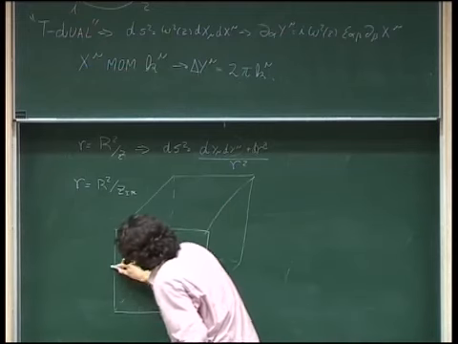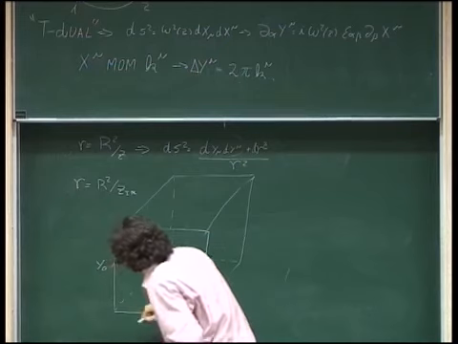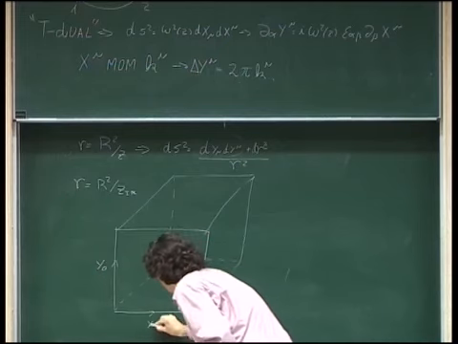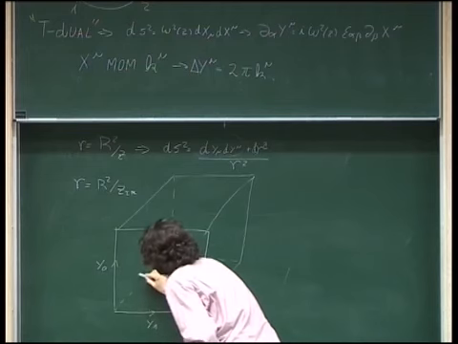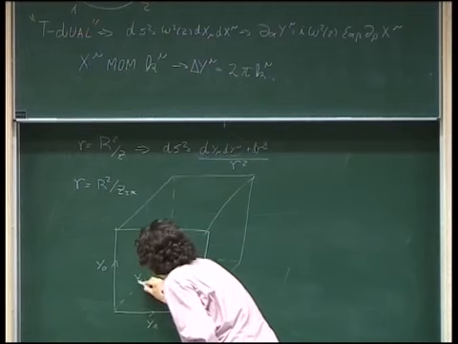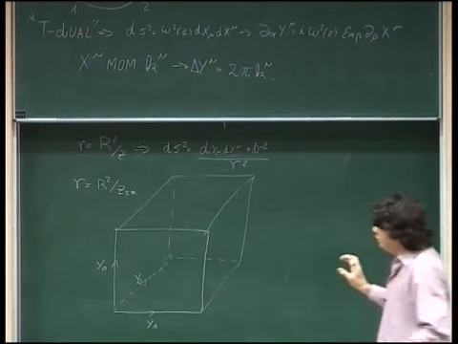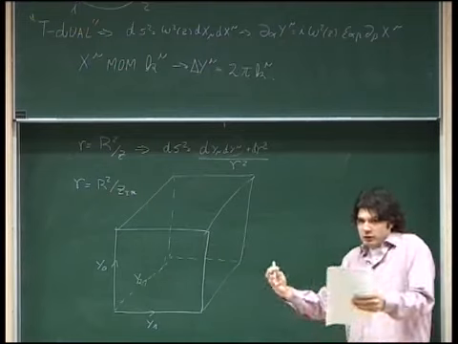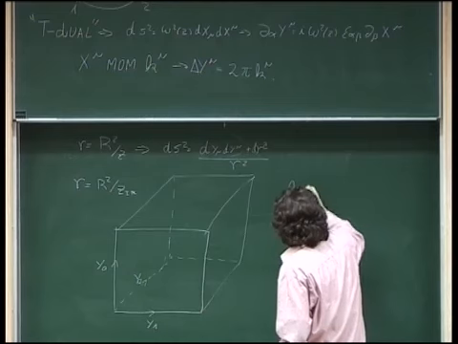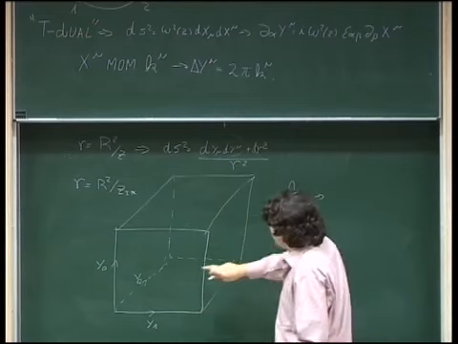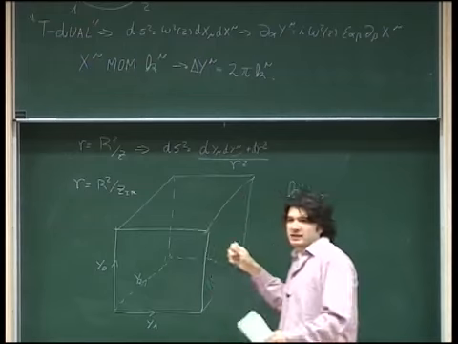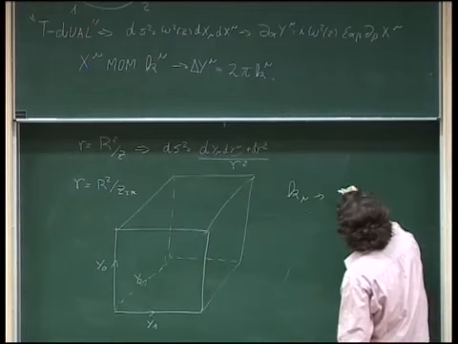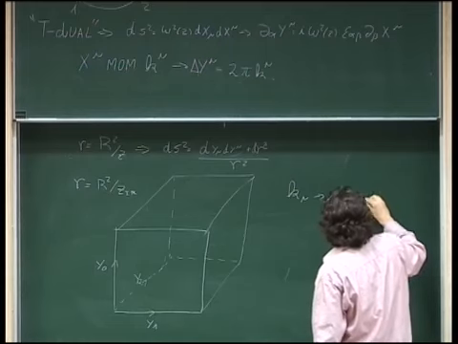Suppose we put here the time direction, y0, and this is the direction y1, and this is the direction y2. So now what we do is, for each particle that we want to scatter, of momentum k mu, we draw a segment that joins 2 points that are separated by 2 pi k mu.